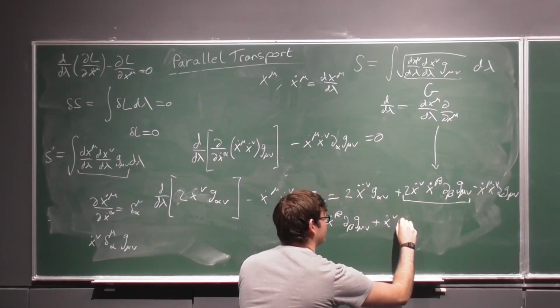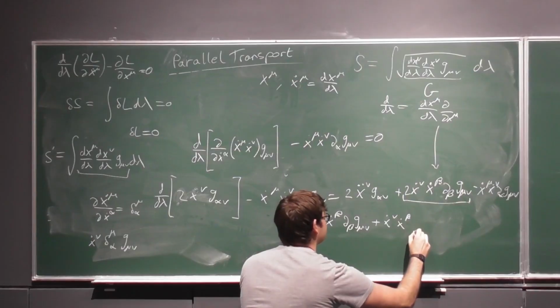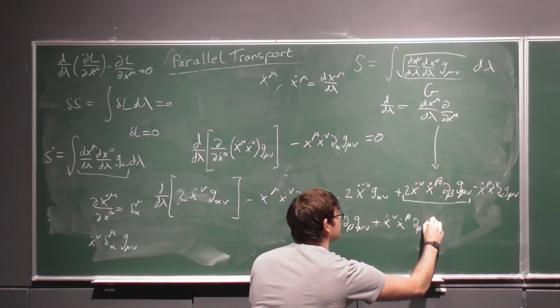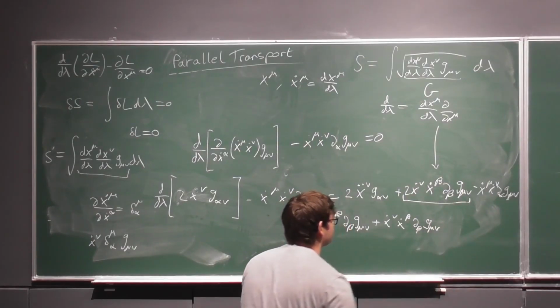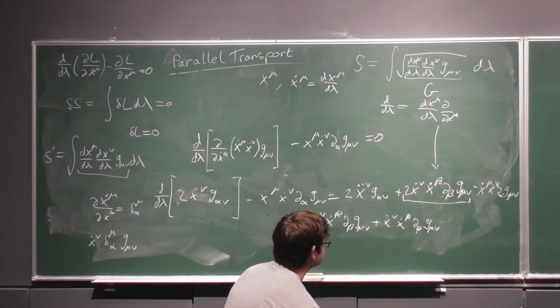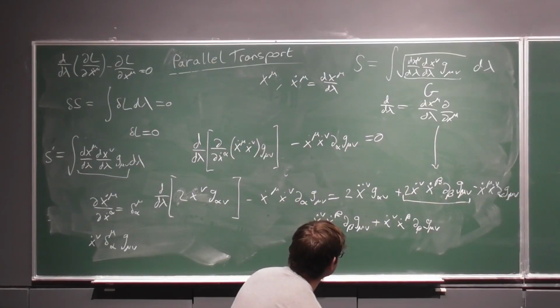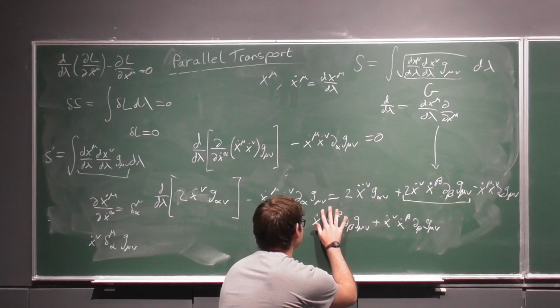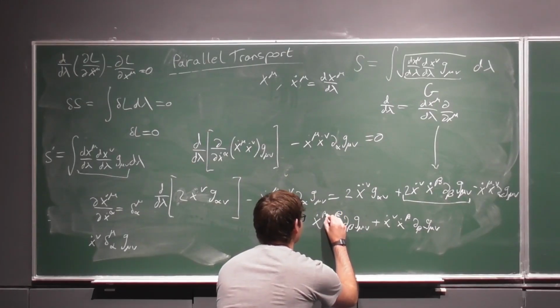So I can just split it up like that. Then, because I'm summing over nus and I'm summing over betas, I can swap them on one of the terms.